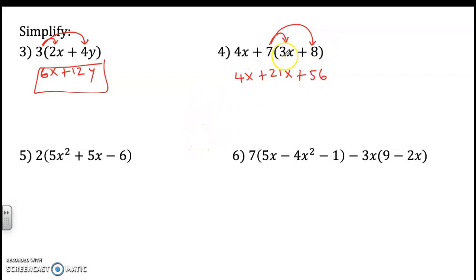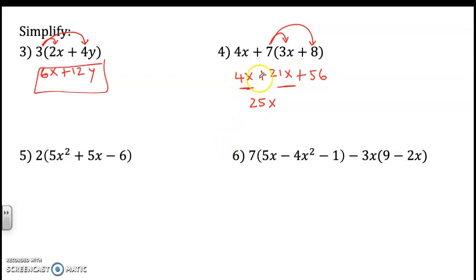Now, once I solve my parentheses, when I distribute, I check if there are like terms. For the x's, I go by the leading coefficient, which is 4 and 21. The coefficients are the numbers in front of the variable. The 4 is a coefficient, the 21 is a coefficient. 4 plus 21 is 25.